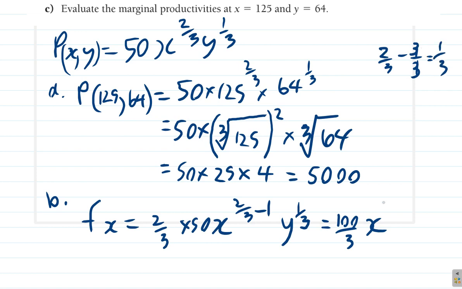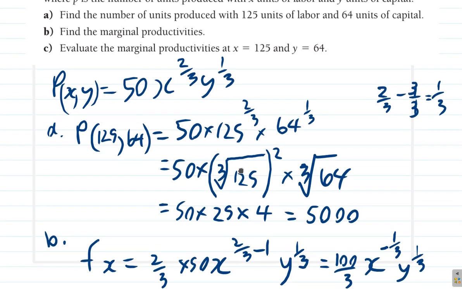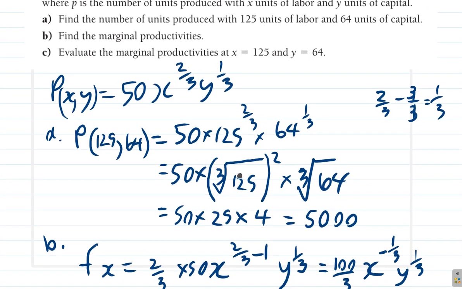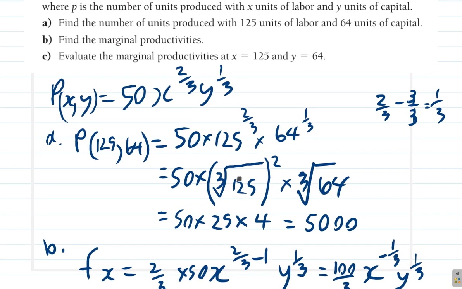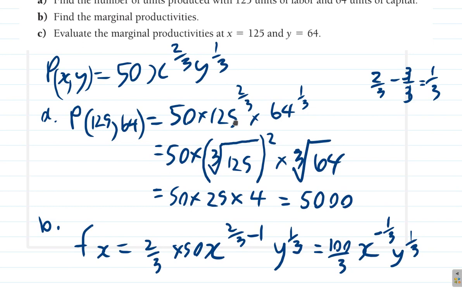So you have x to the negative 1/3, y to the 1/3. Now, the marginal productivity with respect to x at 125 and 64.